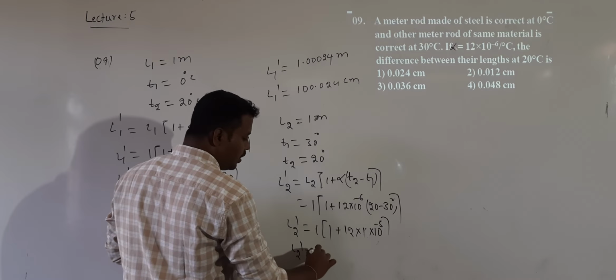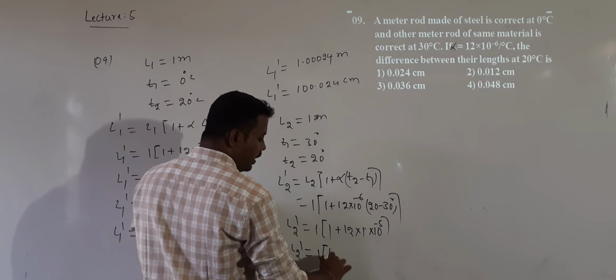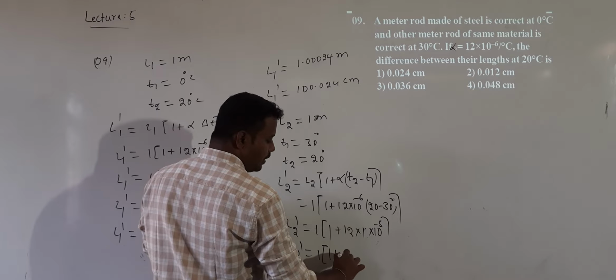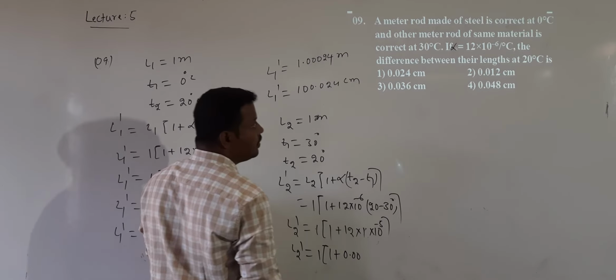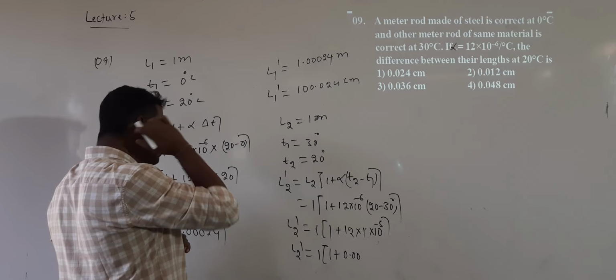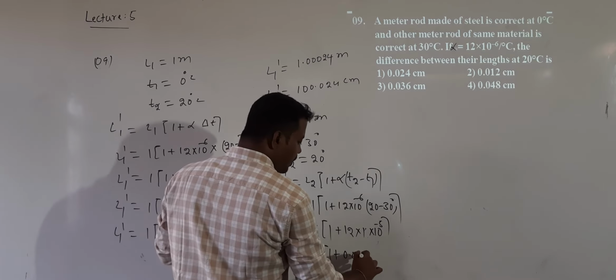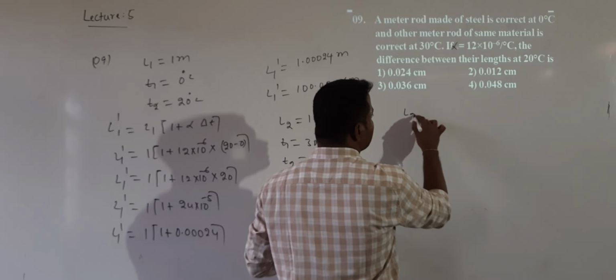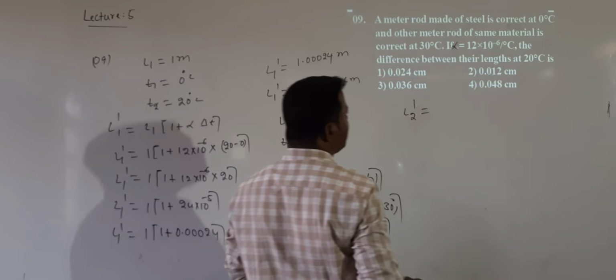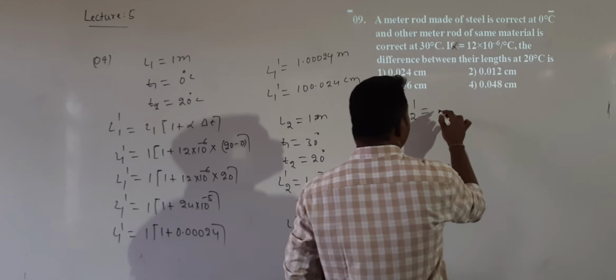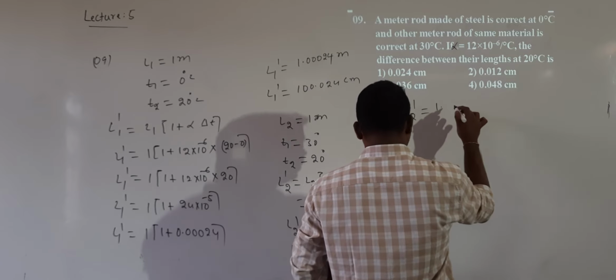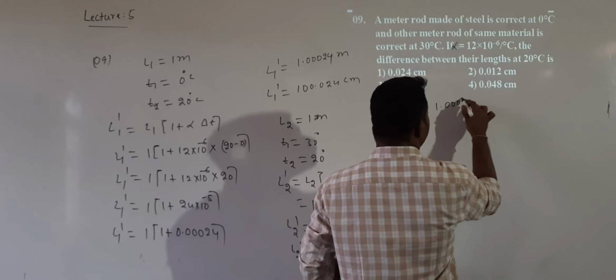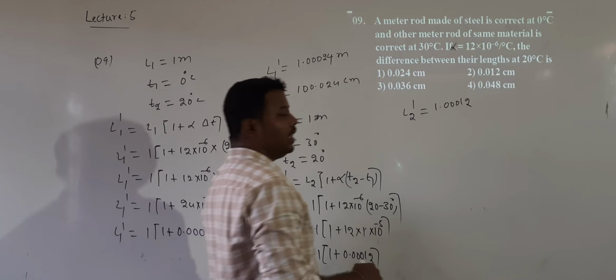L2 dash value is equal to 1 into, here what will I get? 1 minus 0.00012. So finally L2 dash will be equal to 0.99988 meters. This is the final.